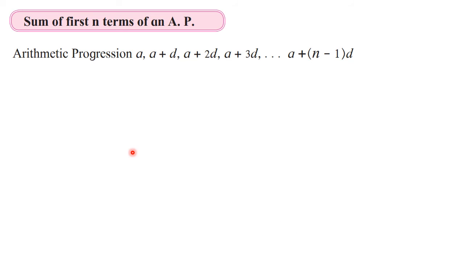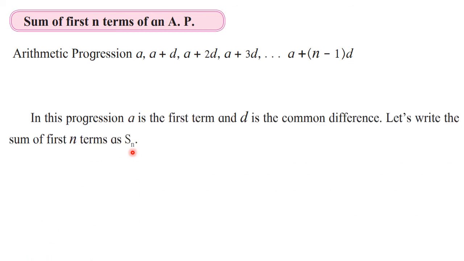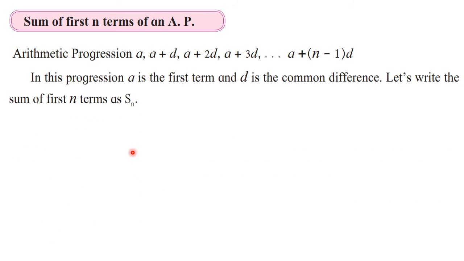Now we are going to see the formula for sum of first n terms. So here, that sum we are going to represent by Sn. S stands for sum, and Sn means what? Sum of first n terms.